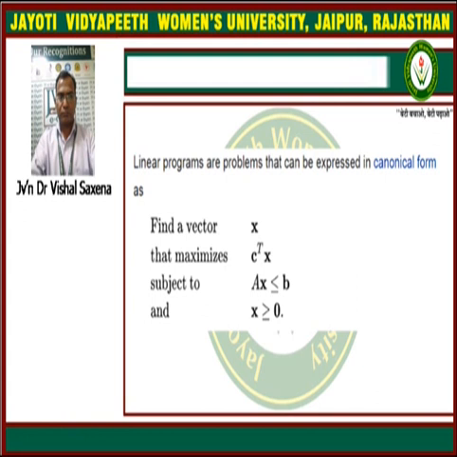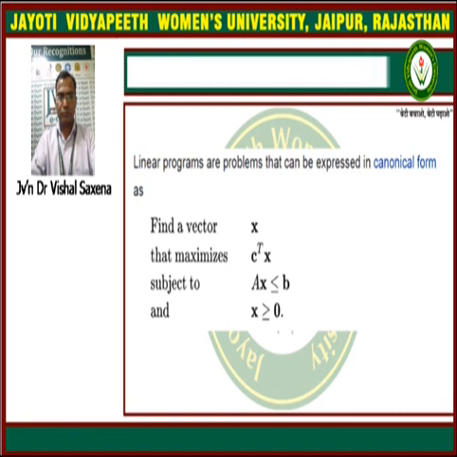Subject to Ax less than or equal to b. It might be Ax greater than or equal to b. That is the subject to, which represents the conditions called constraints. So Ax less than or equal to b is called the constraint.